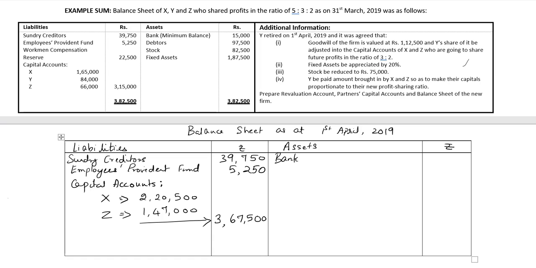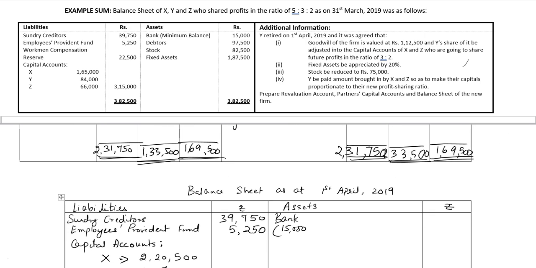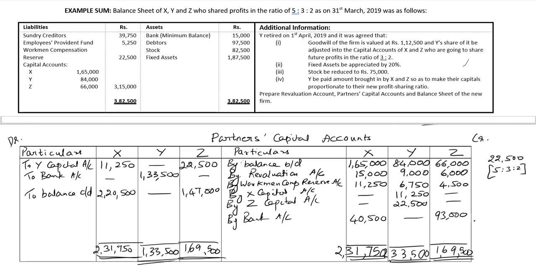Bank, the opening balance 15,000. We'll add the amount which is brought in by partner X, 40,500, and partner Z brings in 93,000, plus 40,500 plus 93,000, and we'll deduct the amount which is paid to the retiring partner Y, which is 1,33,500 rupees.